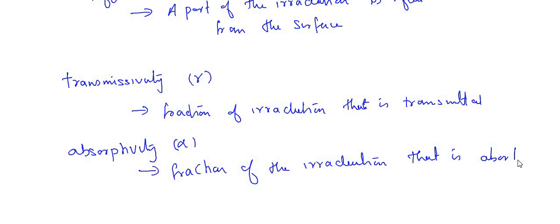And the reflectivity is given by rho: the fraction of the irradiation that is reflected.